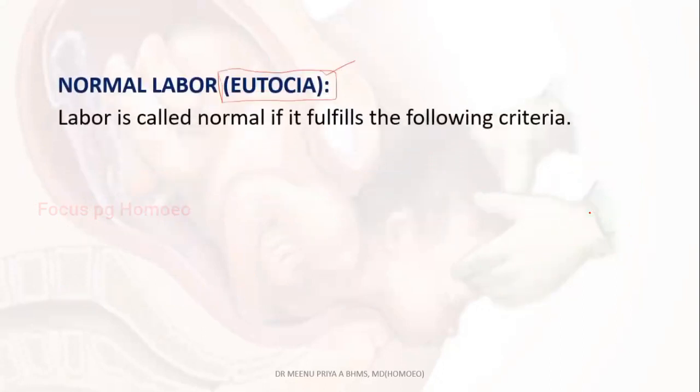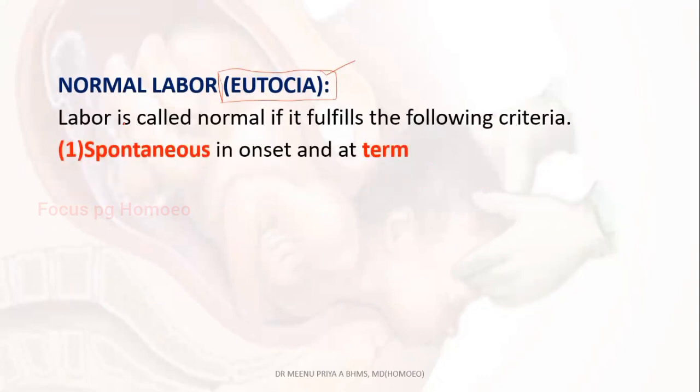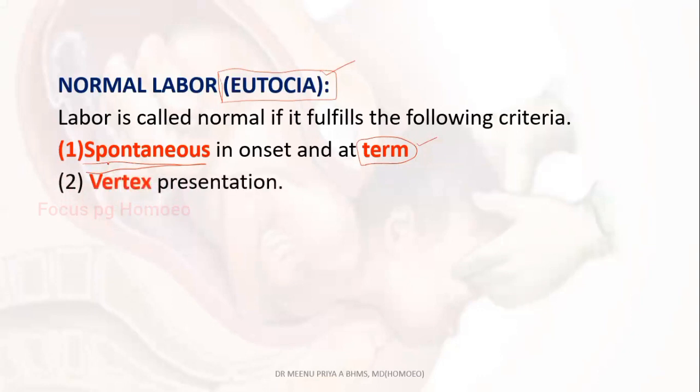For it to be called normal, it should fulfill the following criteria. The first one is, it should be spontaneous. The onset should be spontaneous, not gradual, and it should be at term. The mother should have completed term weeks, and the presentation of the fetus should be vertex presentation.